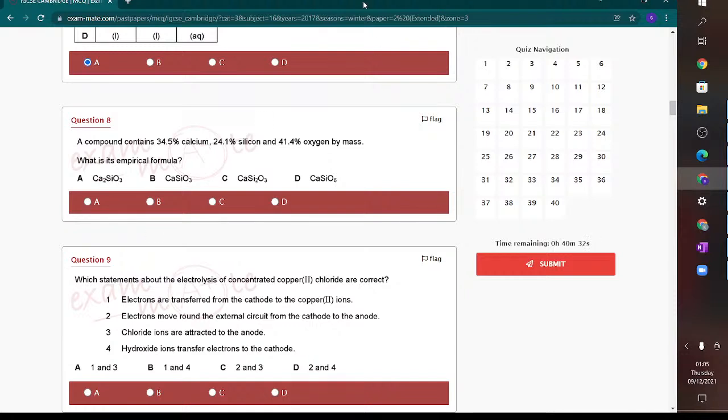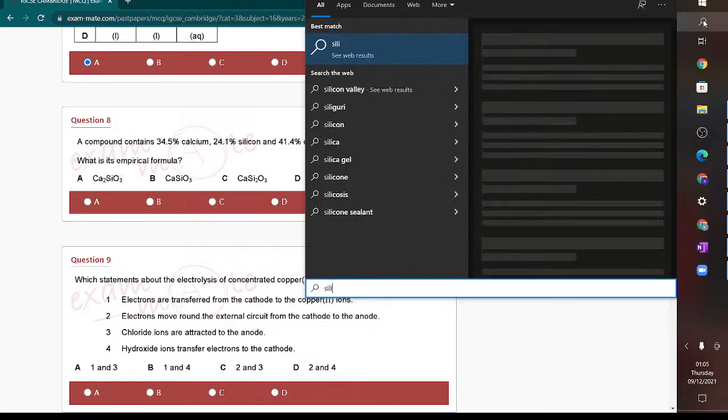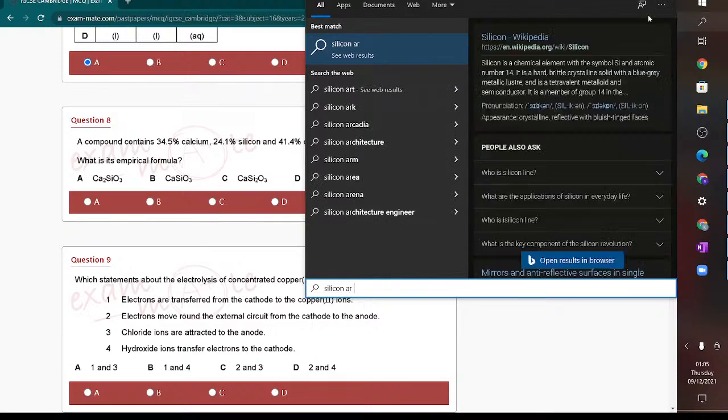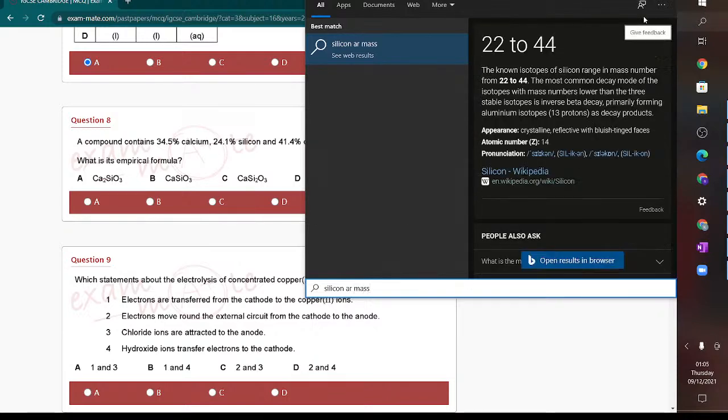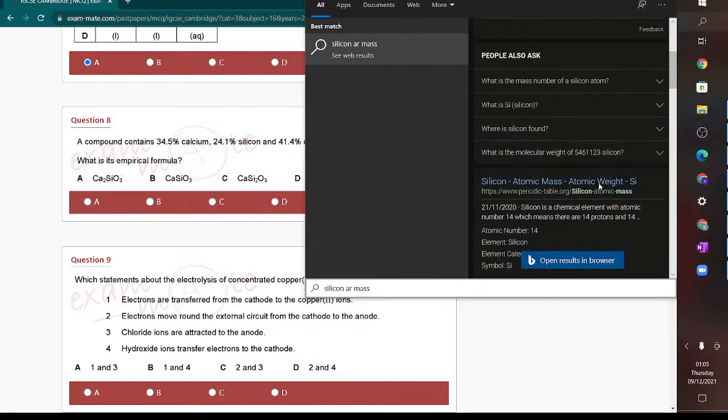Empirical formula: calcium, silicon, and 41.4% oxygen. Silicon Ar, my bad. No, we need the exact one.